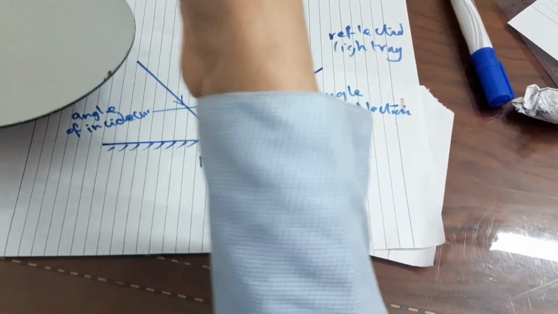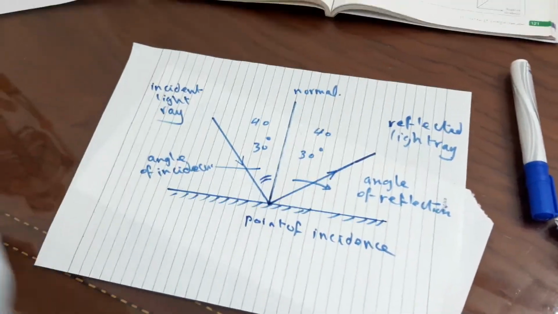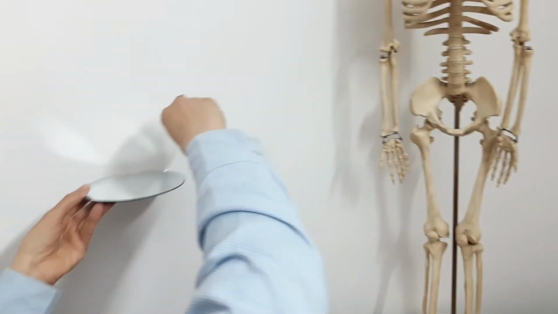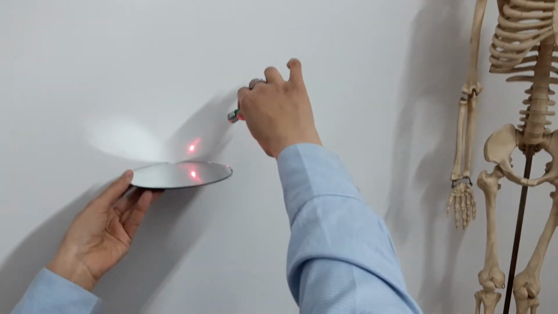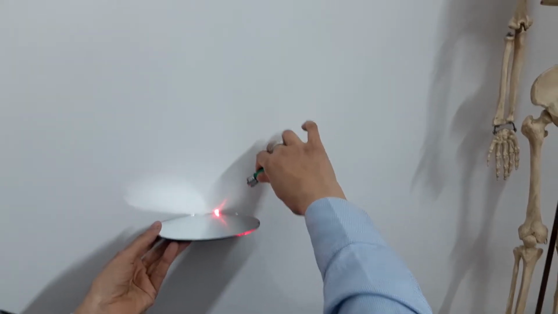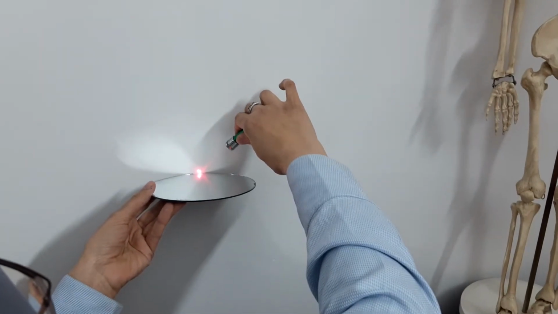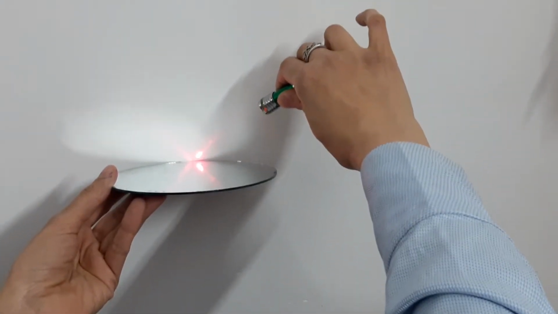Look at this wall and you can notice the phenomenon of light reflection. Here you can see the incident light ray and the reflected light ray on the wall.